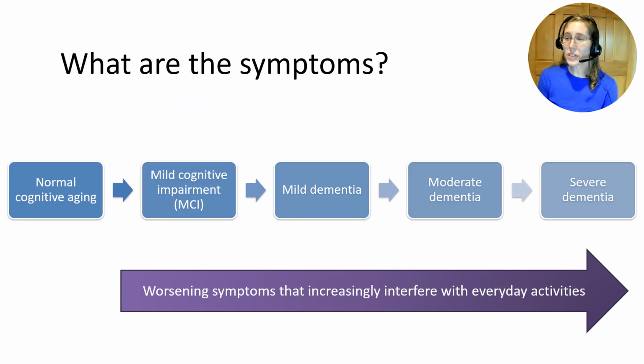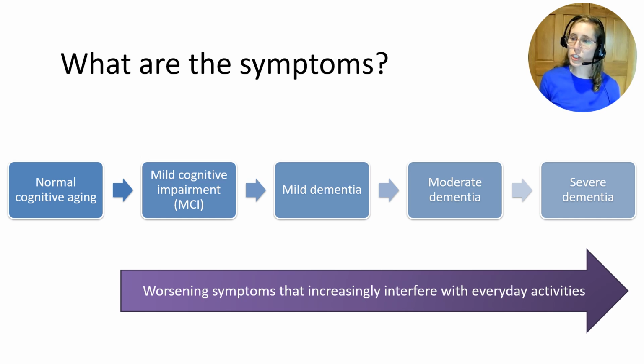So now let's put some of those warning signs into context of the continuum of dementia. So by stage of cognitive impairment. So as I already mentioned, we have this continuum here of cognitive impairment, starting with mild cognitive impairment and then moving through mild dementia, moderate dementia, and severe dementia.